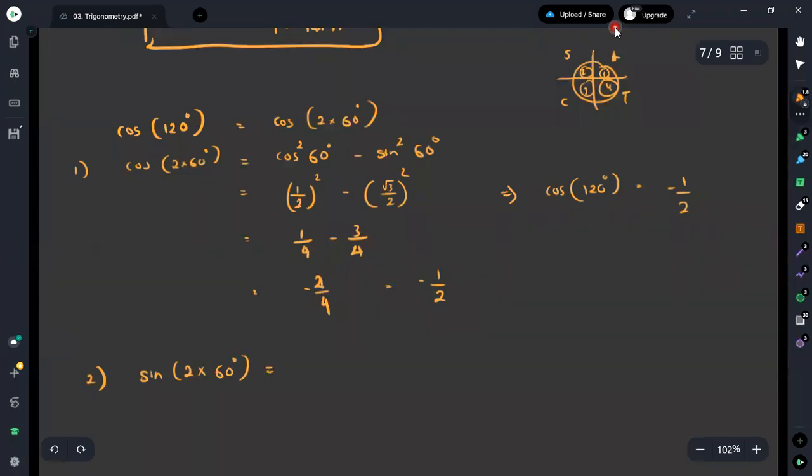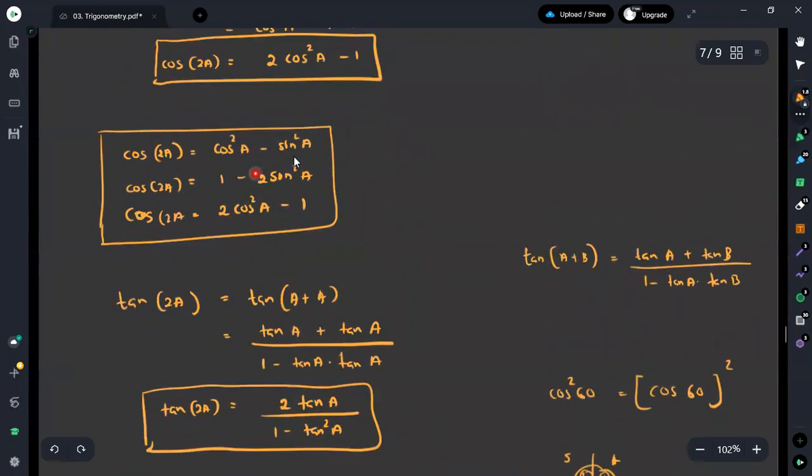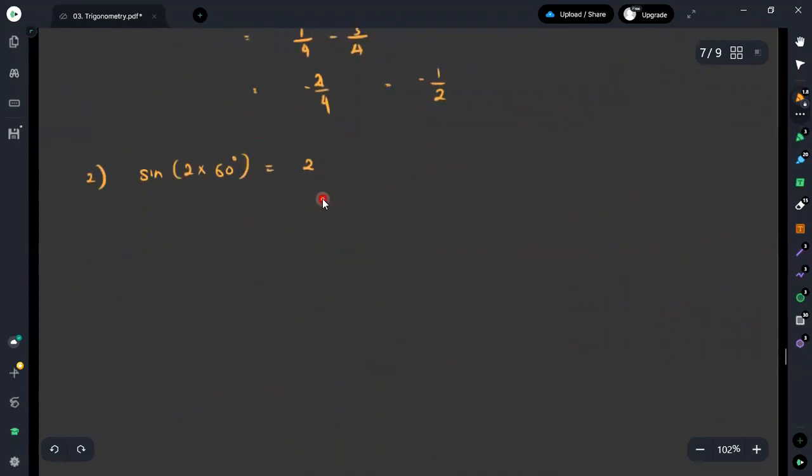Then we'll use the second equation, which we obtained as 2 times cos squared a minus 1. The other equation we obtained was 1 minus 2 times sine squared 60 degrees. Then using this, 1 is here, 1 minus 2 times.